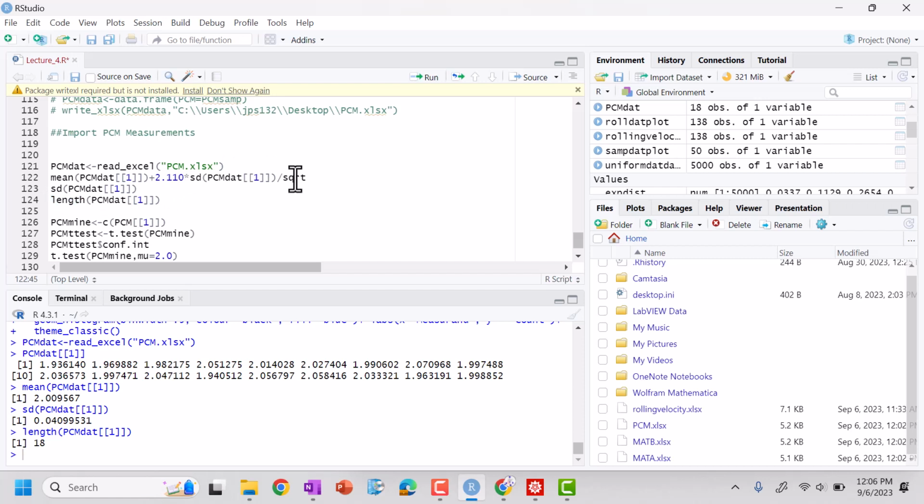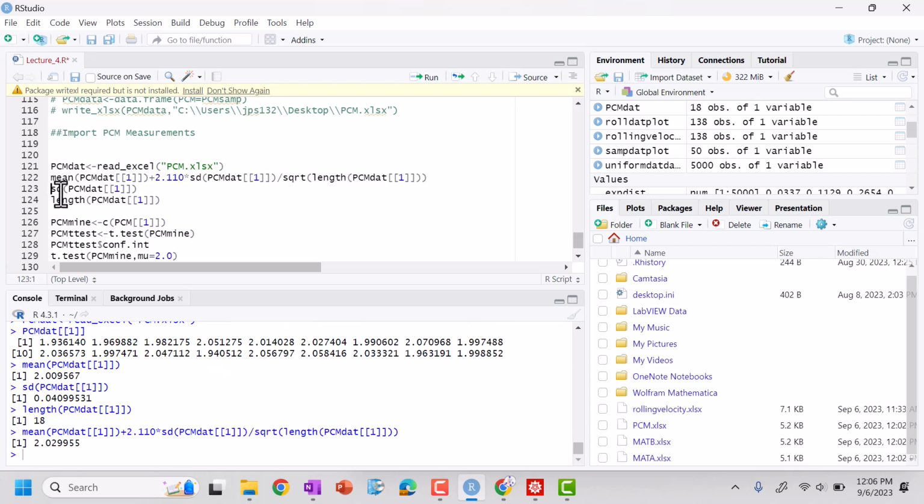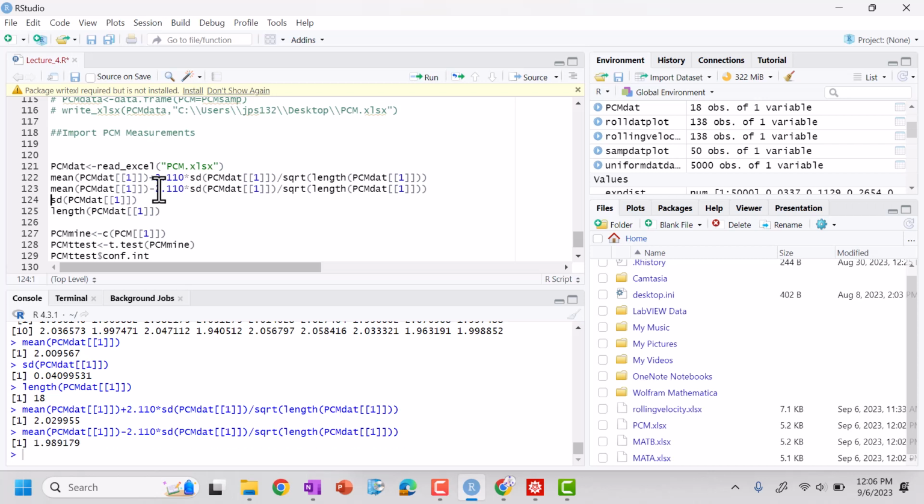So square root of the length of this. So that'll give us one bound, and this will give us our other bound. So you can do a minus. And if you just want to look at the plus or minus value, we can just pull out this value here.